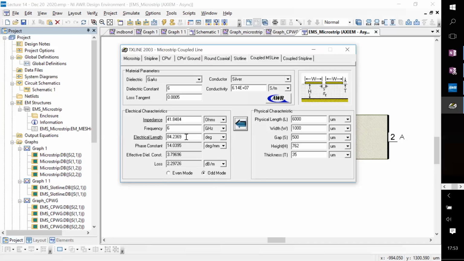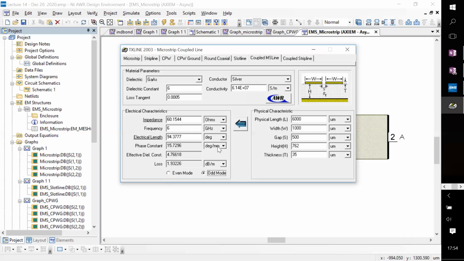And you can also see that from the electrical length, which of course is the same information as the phase in degrees. Faster speed actually doesn't mean that the phase accumulates faster. In fact, it means it accumulates slower with length. Remember that this phase constant is per unit length.